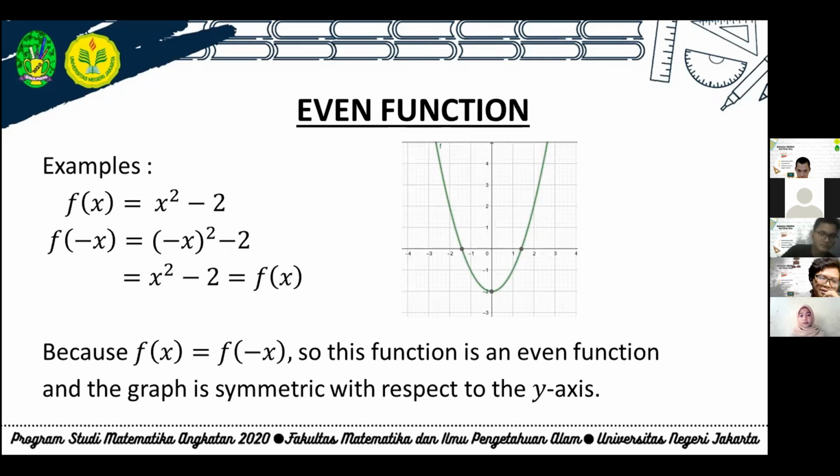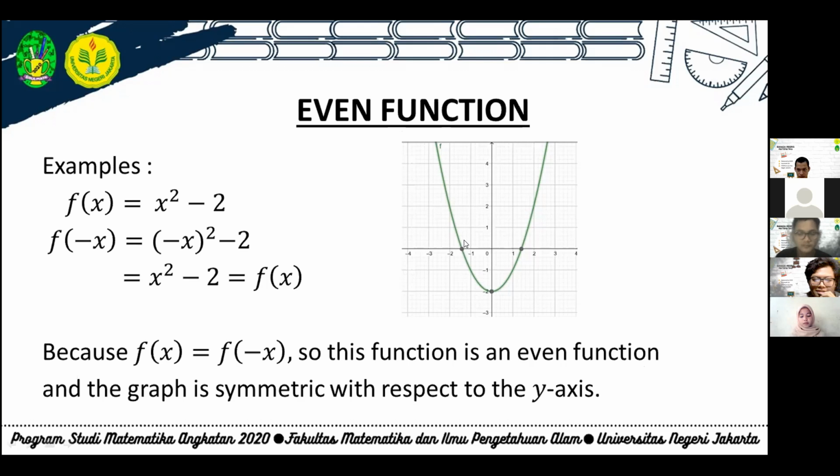So we get minus x squared minus 2, and minus x squared is x squared, so x squared minus 2. So we get f(x), because f(x) equals f(minus x). So this function is an even function, and we can see the graph of the function. The graph is symmetric with respect to the y-axis.